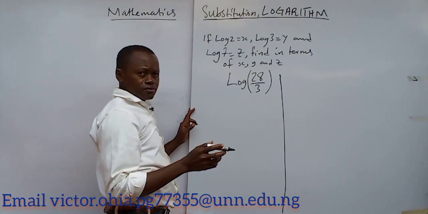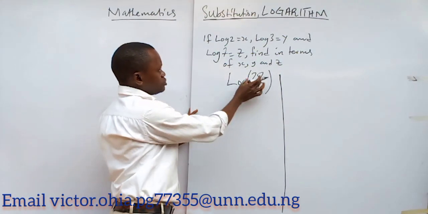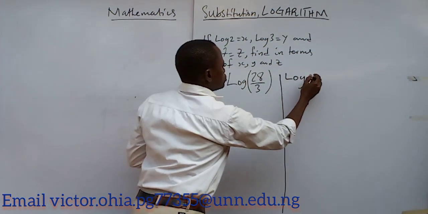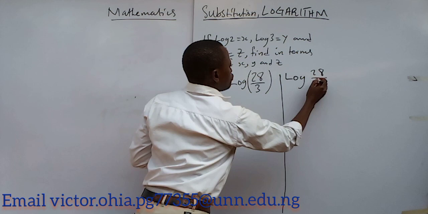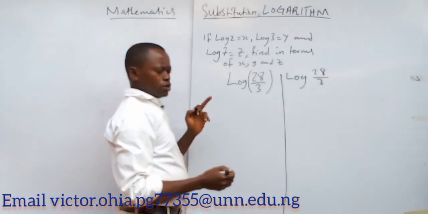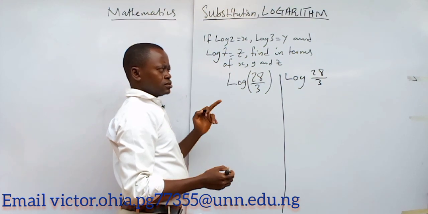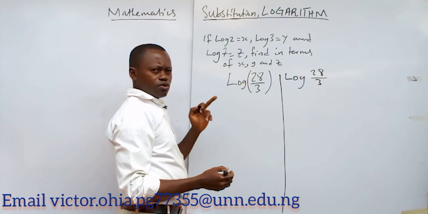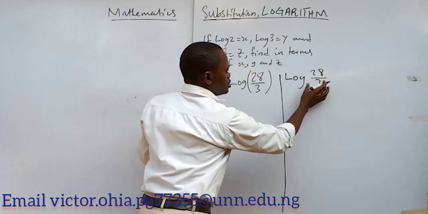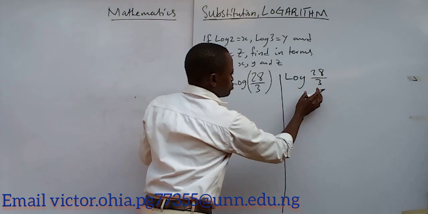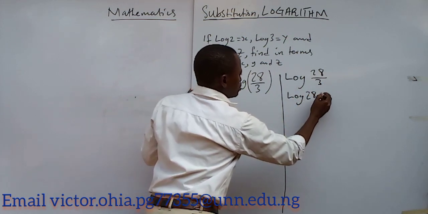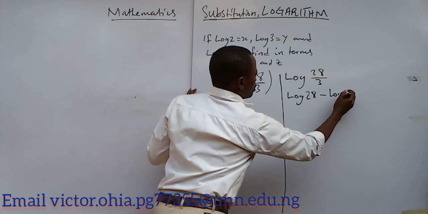My concern now is, how do I break this thing down to use these values? So I have log 28/3. And you remember that in logarithm, when we are subtracting the logarithm of two numbers, we take the quotient. So since the quotient is already here, I will return this to log 28 minus log 3.